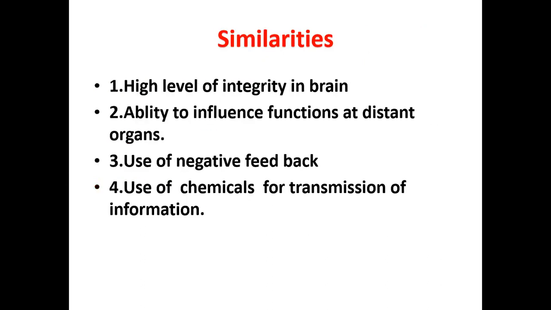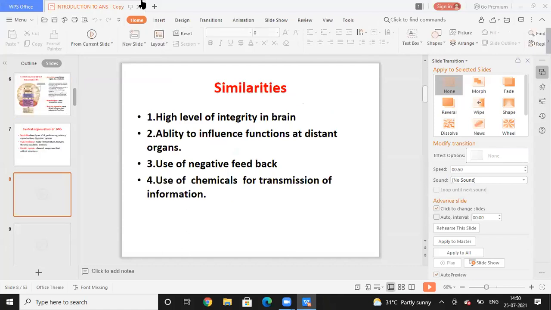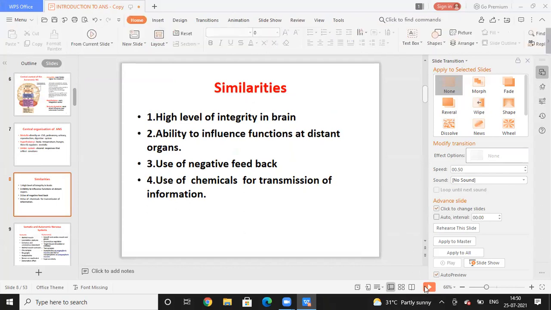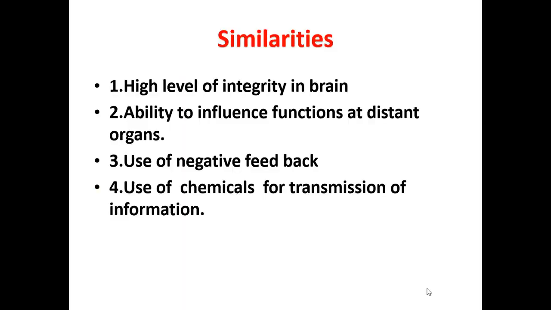Then there are certain similarities in the autonomic nervous system: a high level of integration in the brain, and an ability to influence the functions of distant organs.